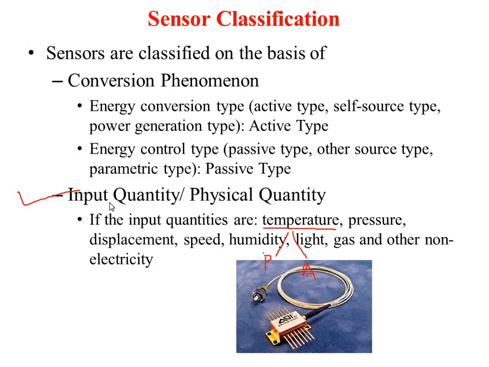Here it is a gas sensor used for methane sensing. The sensor I have shown in the diagram is a methane sensor. If you want to check methane, you can use this type of sensor for methane sensing.